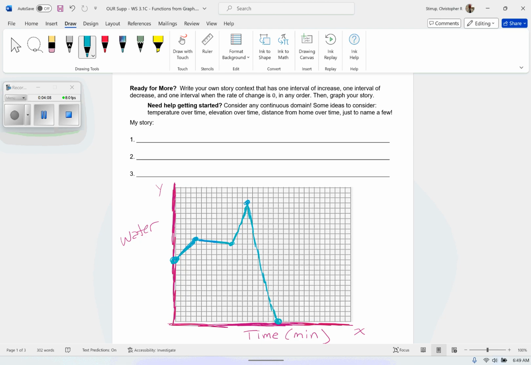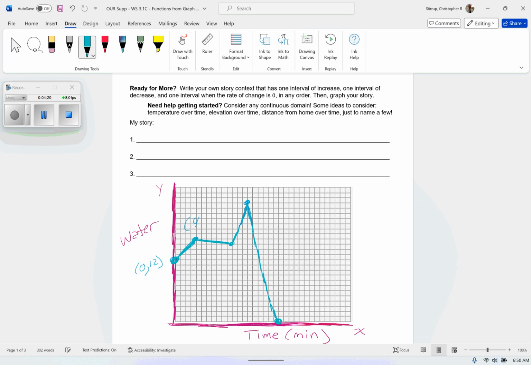So let's label the points that we know. I'm going to label this point 0, comma, and count up 1, 2, 3, 4, 5, 6, 7, 8, 9, 10, 11, 12. So that's the point (0, 12). Let's count over here: 1, 2, 3, 4.